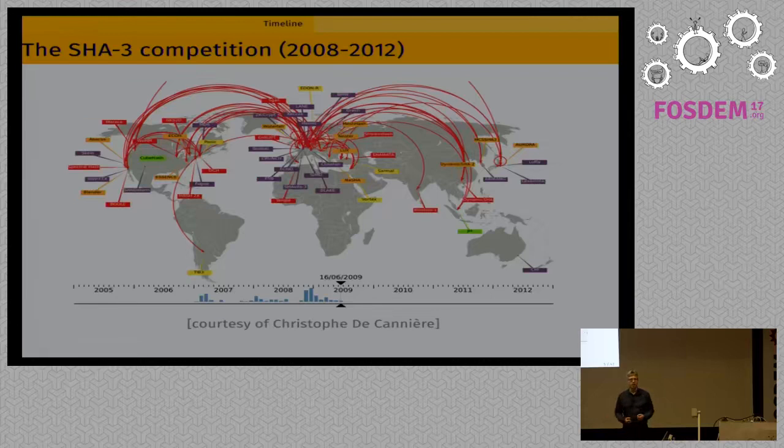There was also some effort done to evaluate the performance of all these designs. It took the energy of quite a lot of the cryptographic community. A lot of teams from different companies and different universities took part of this competition. And you can see in this graph arrows going from the teams attacking the design of another team. So that was the situation in 2009.